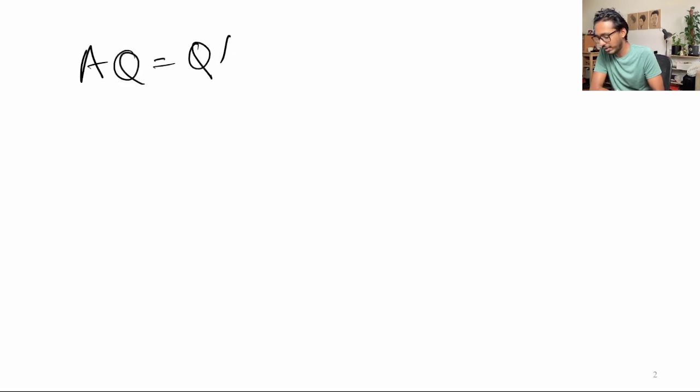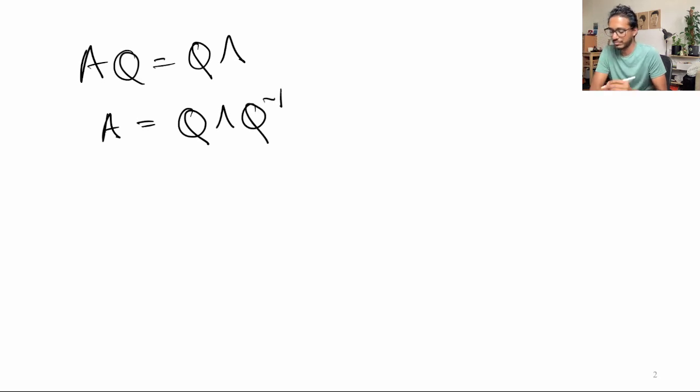Let's go to the next page. We had AQ equal to Q lambda, and from that we can say that A is equal to Q lambda Q inverse.